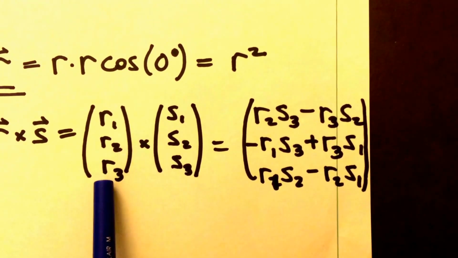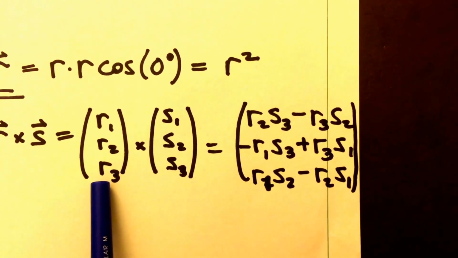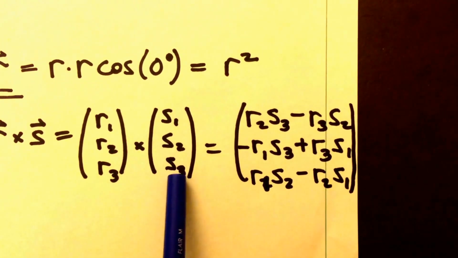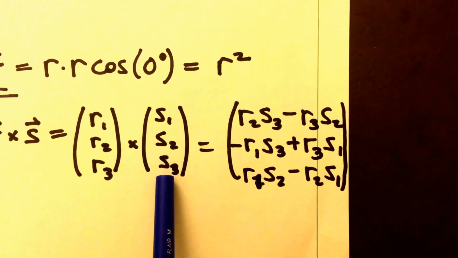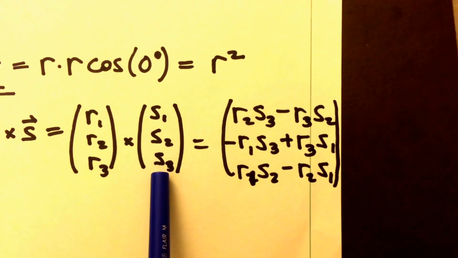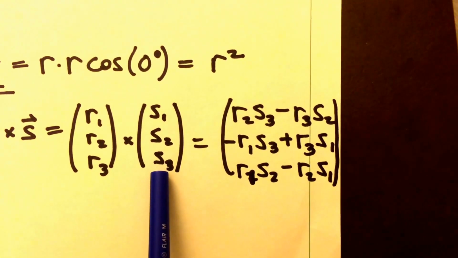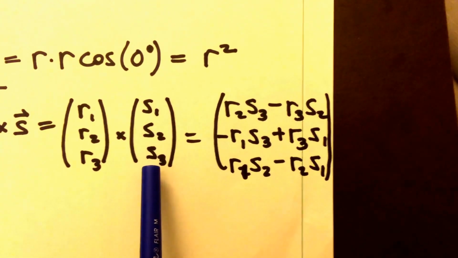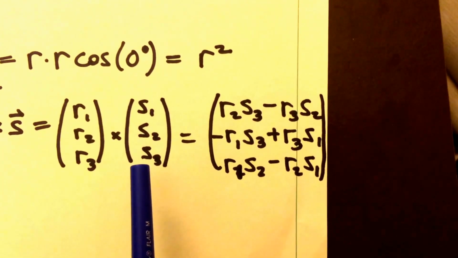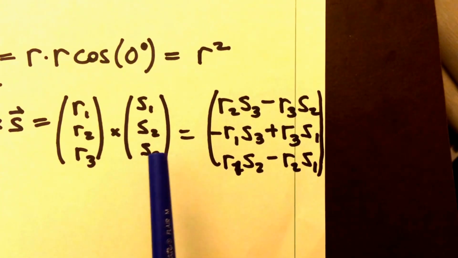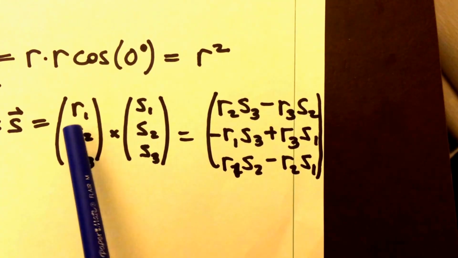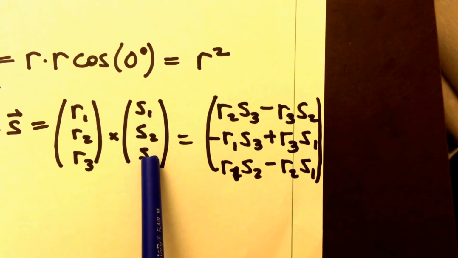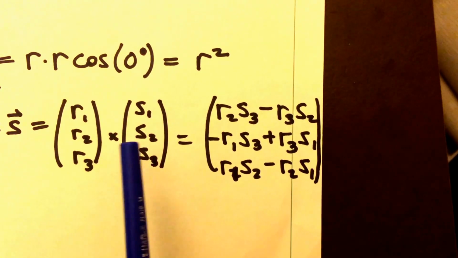So now I have all three components of the r vector written in a column, crossed into all three components of the s vector written as a column. And then to calculate the components of the p vector, I use the cross product between these two column vectors. Okay, so for example, the x component, or the first component of the p vector, is r2 times s3 minus r3 times s2.